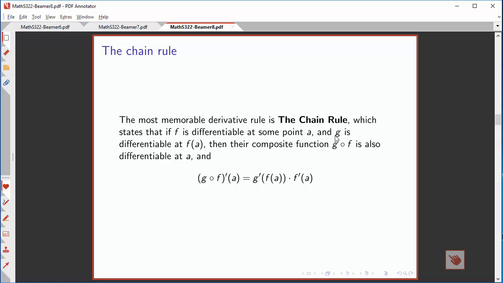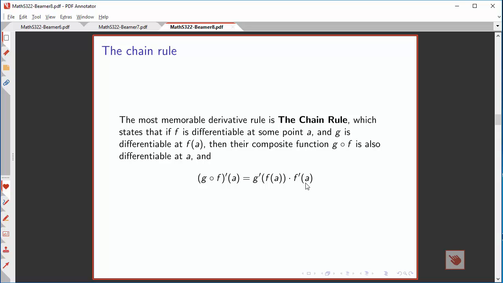What this theorem says is that if f is differentiable at a, and g is differentiable not at a but at f of a, then the composition g composed with f, which gives g of f of x, is also differentiable at a, and the derivative of g composed with f at a is g prime evaluated at f of a multiplied by f prime evaluated at a.